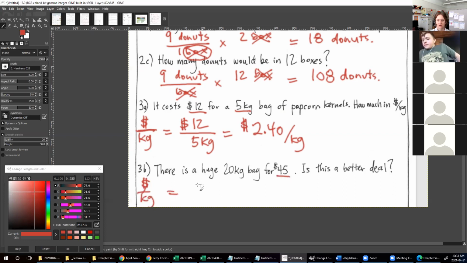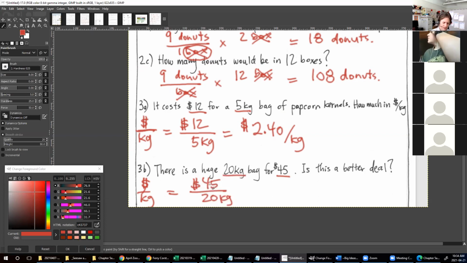So dollars is $45, and it's 20 kilograms on the bottom. And when I do that, I've got the right units, dollars per kilogram.